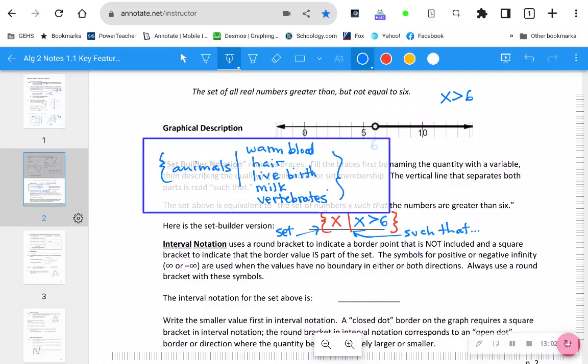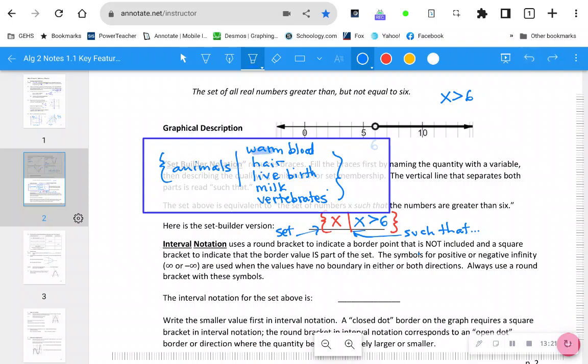Okay. So as soon as I get to this category here, animals, I know that the general category is animals, and I'm not talking, for instance, about oak trees. When I get to the rest of these and I say such that, I know that I'm narrowing it down.